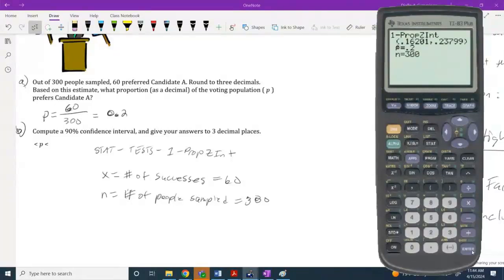And now if we hit enter, and it says 3 decimal places, we have 0.162, comma, 0.238.